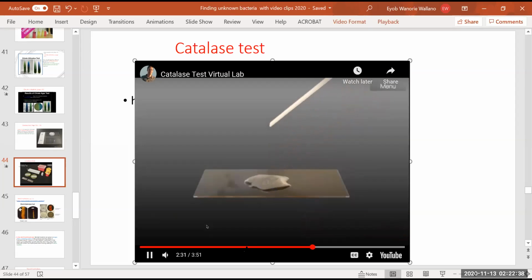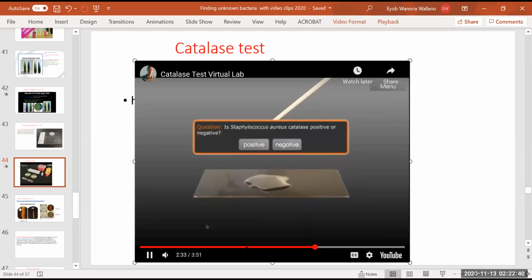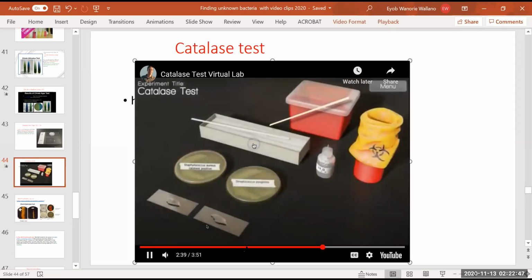Stir, stir, stir. And pay attention to the bubbles. What do the bubbles mean? That means we have a positive reaction. Remember, we want to make sure we dispose of this in the correct biohazard disposal container.